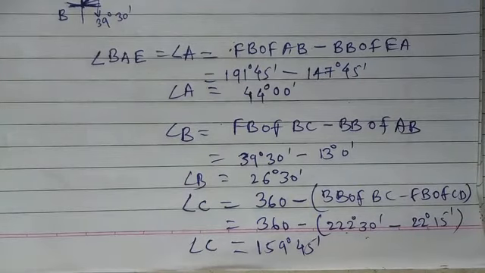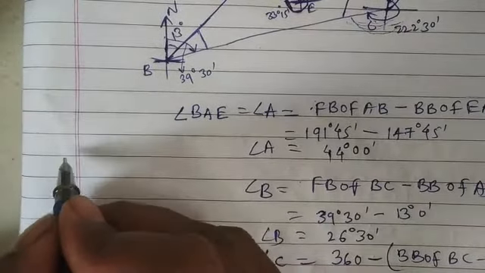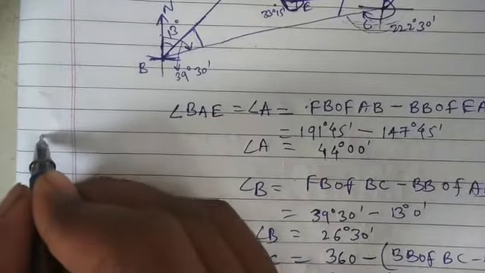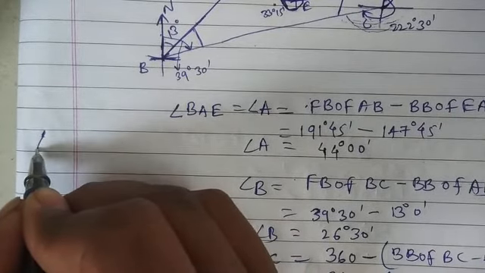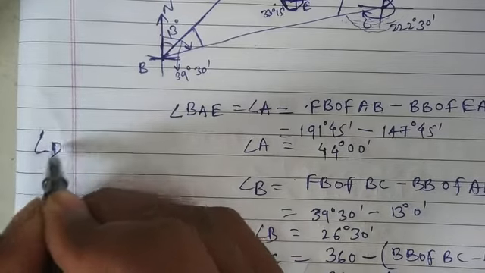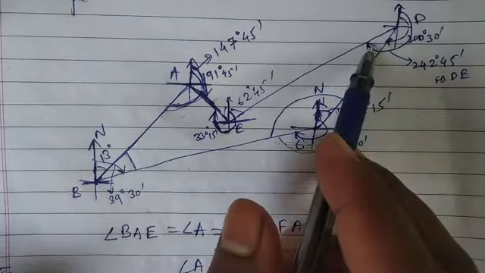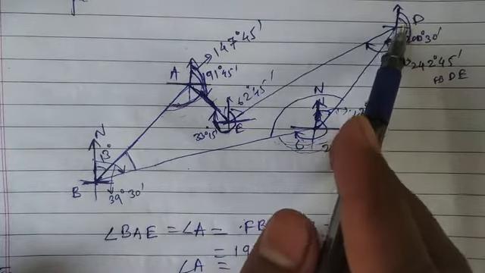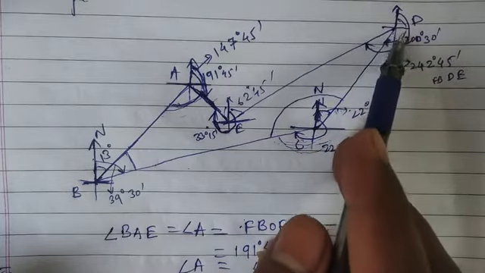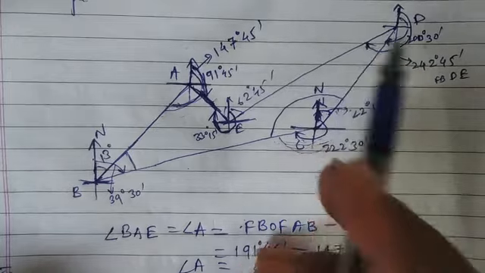Now let's calculate angle D. For understanding, I will calculate it here, because if we calculate this on the next page, it will be very difficult for us to understand the traverse. So I'll write here angle D. Angle D is nothing but the subtraction of the back bearing of CD from the fore bearing of DE.